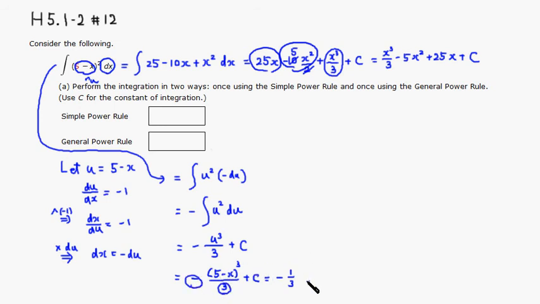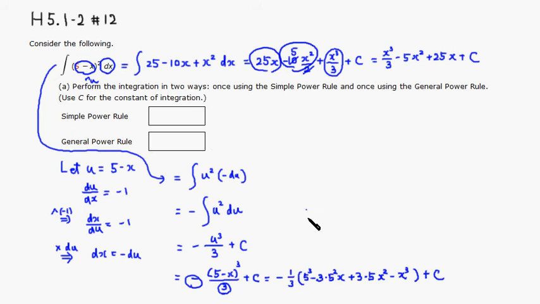If you multiply this out, you're going to get 5 cubed, minus 3 times 5 squared times x, and plus 3 times 5 times x squared, then minus x cubed, plus some constant c.